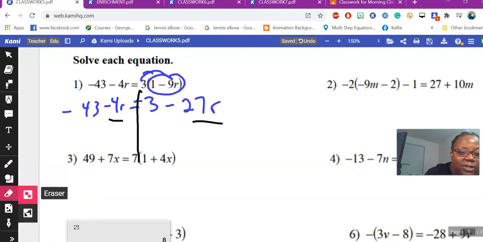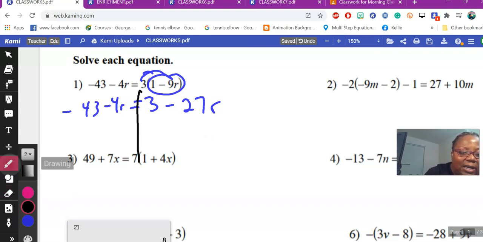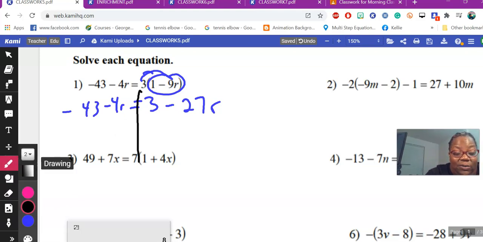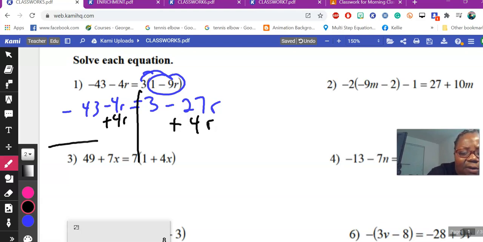Find the easiest one to move, which is usually the smaller number, right? And that means I'm going to move this negative 4r, okay? I'm going to move it by doing the opposite of what I see, just like what we do normally. What you do to one side of the street, you have to do to the other, and it has to be the opposite. So I'm going to add 4r here and add 4r here.